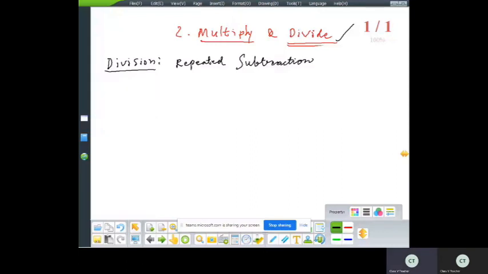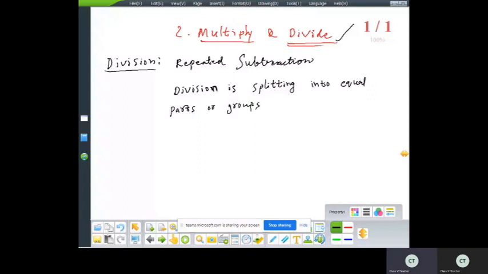Division is splitting into equal parts or groups.